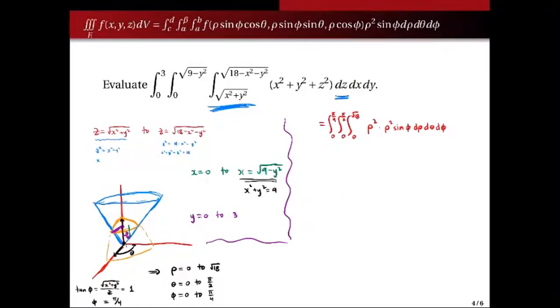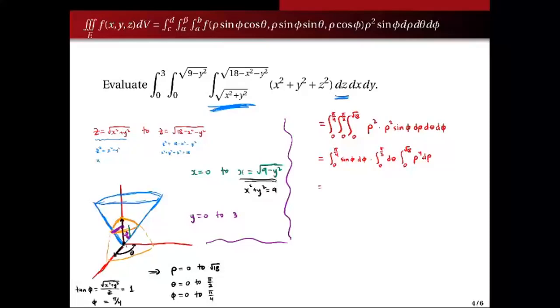So what's left to do is to evaluate. So again, constants here. So we can separate. We have the integral from 0 to pi over 4, sine phi d phi. And then integral from 0 to pi over 2, d theta. And then integral from 0 to square root of 18, rho to the 4 d rho.